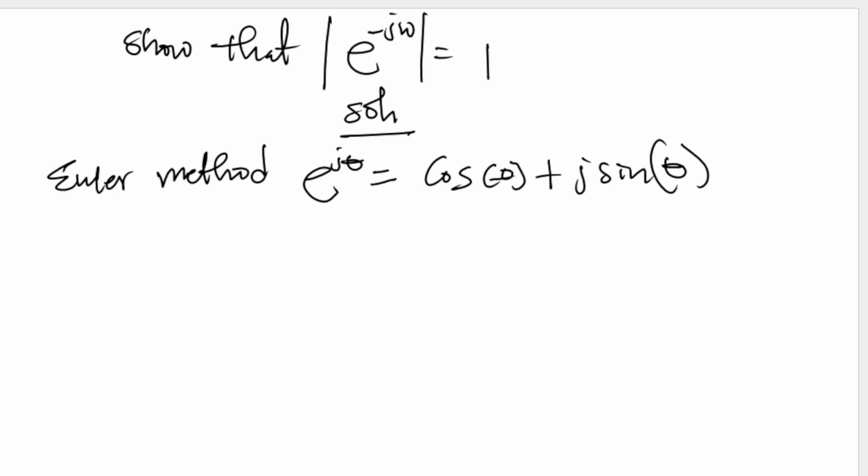Now, why are we recalling this concept? We are recalling Euler's method because what we have here is a similar parameter. In this case, we are seeing j theta, which is the imaginary part multiplied by theta. But here, we are seeing the imaginary part multiplied by angular velocity.